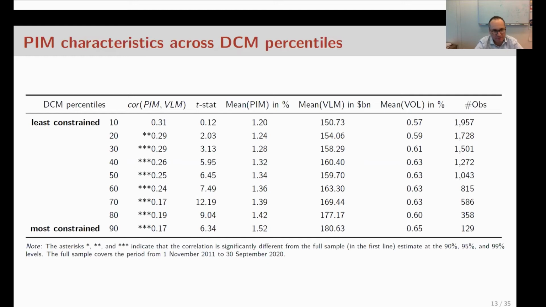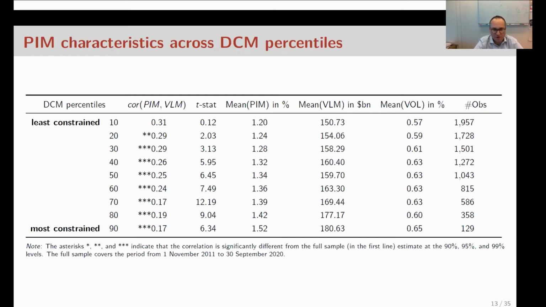The 10th percentile in the upper row is the least constrained reading of the dealer constraint measure, and the lower row of the table is the most constrained, the 90th percentile of the DCM distribution. Maybe we can focus first on the volatility column, the second to the right. We see clearly that when we move to the more constrained regimes, volatility tends to pick up. This is realized volatility.